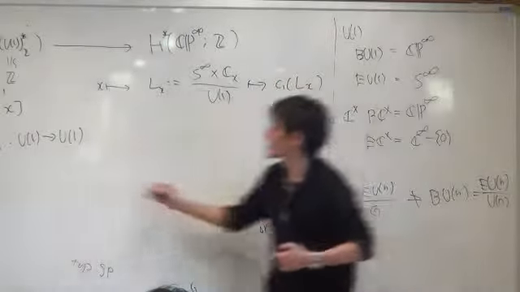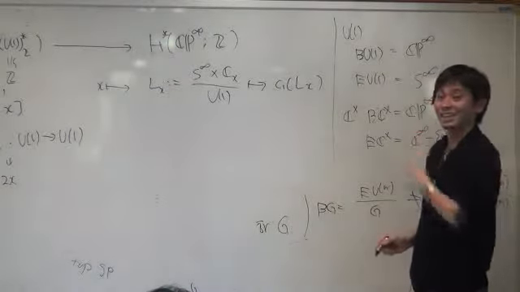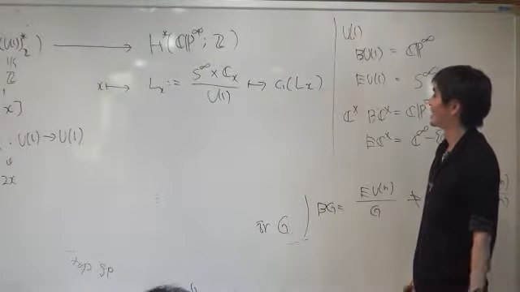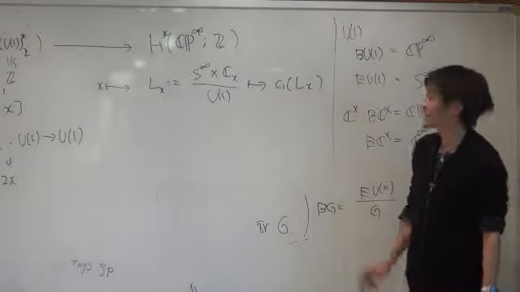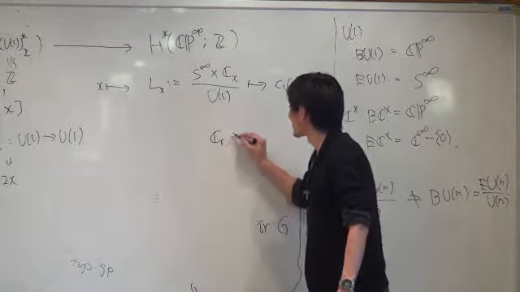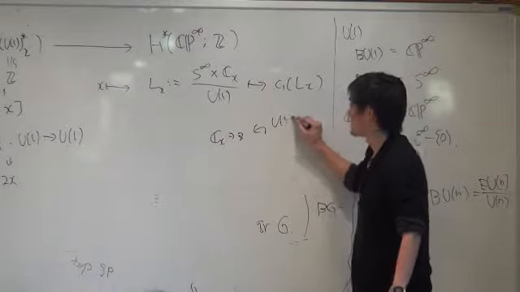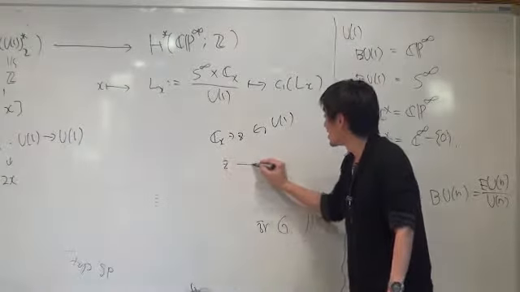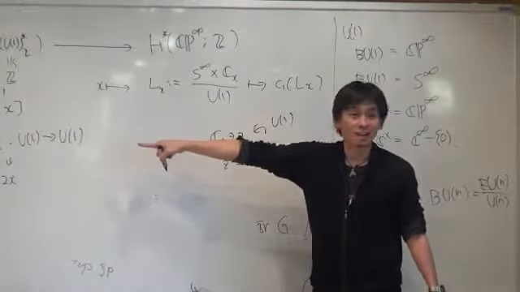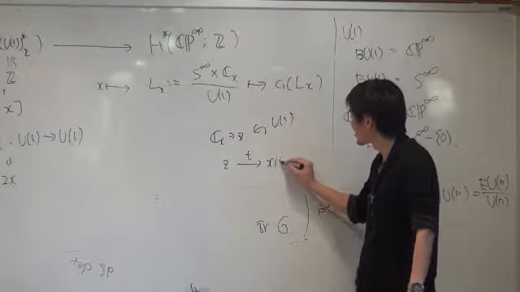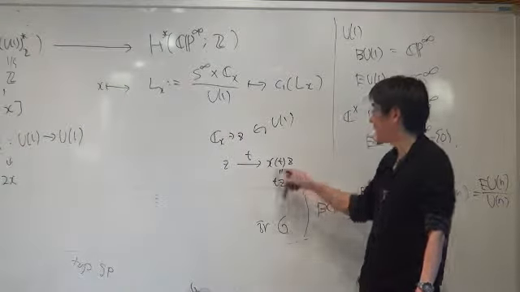So for example, if you take 2X... what was C_X? C_X is just C with the action of U1: T acts on this Z by X. But X is now the identity map, so X(T) multiplied by Z is just T to the Z in our case.